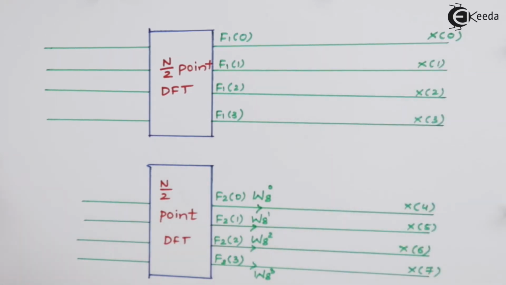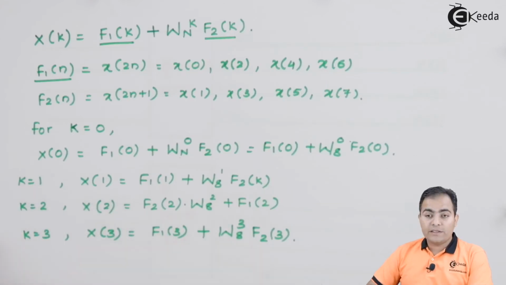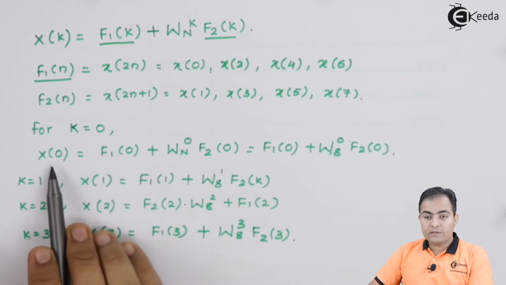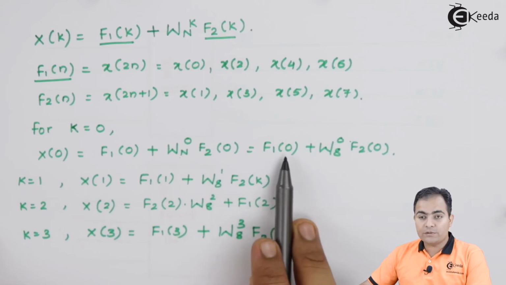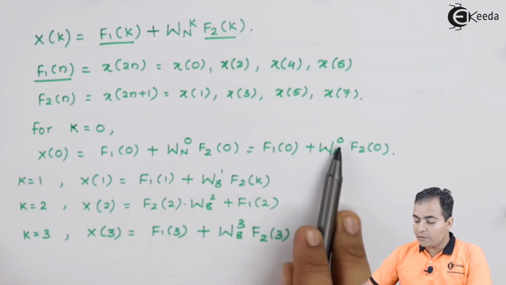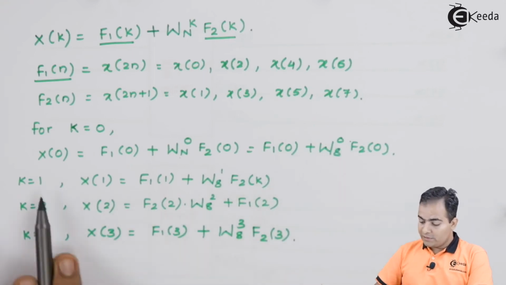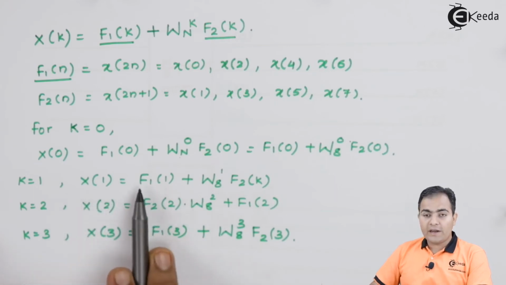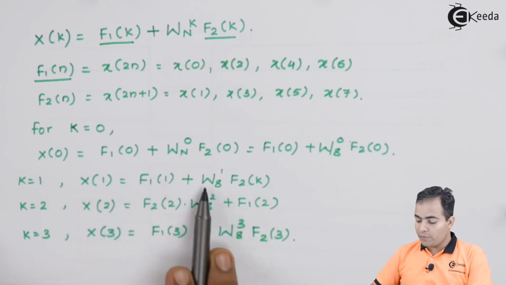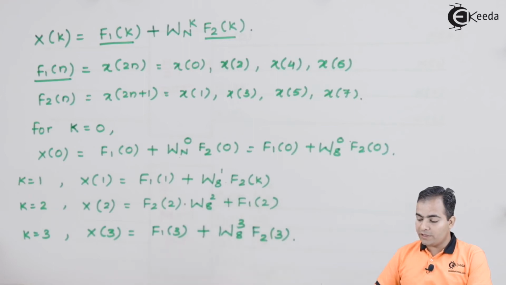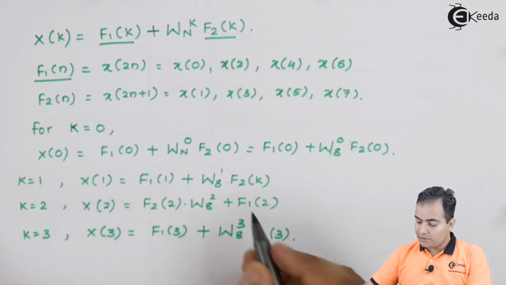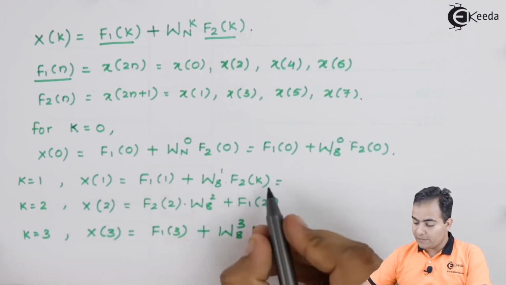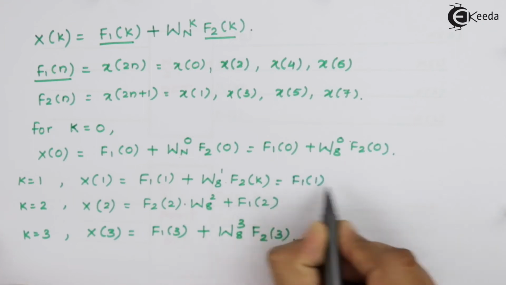Now how to get the value of x of 0? The x of 0 value is obtained by just adding f1 of 0 with the product of omega 8 to the power 0 and f2 of 0. Similarly, x of 1 is obtained by adding f1 of 1 with the product of omega 8 to the power 1 and f2 of 1.